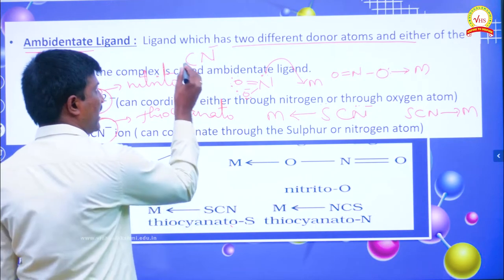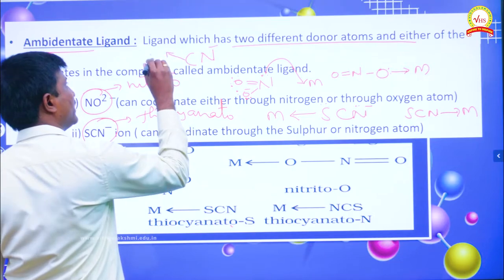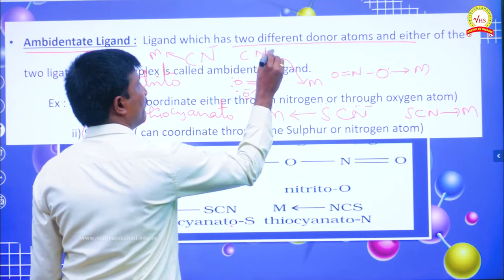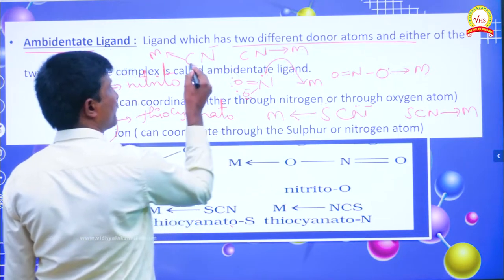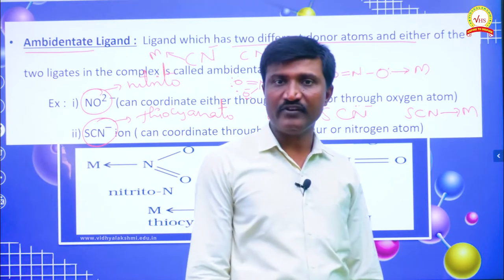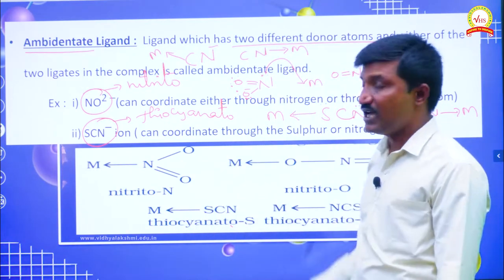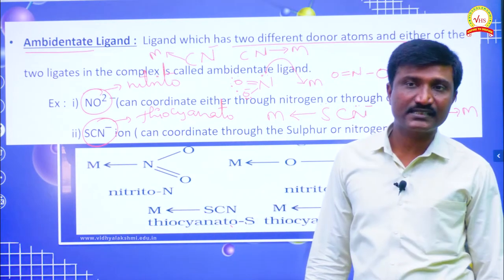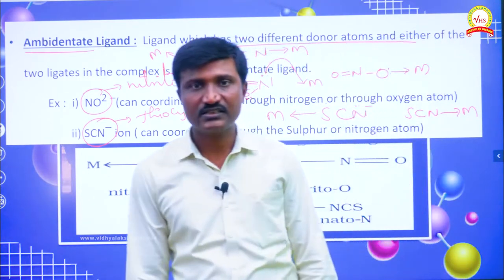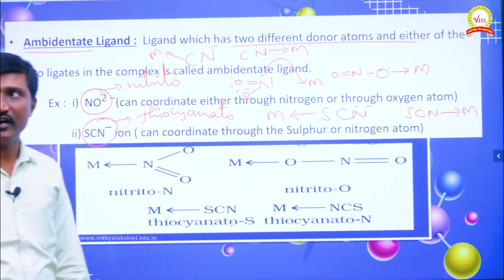In CN minus, nitrogen may bind to the metal atom, or carbon may bind. If carbon binds to the metal atom, it is a cyano complex compound. If nitrogen binds, it is an isocyano complex compound. So these are the definitions we have to learn to understand coordination compounds.